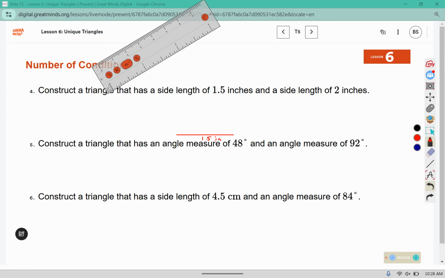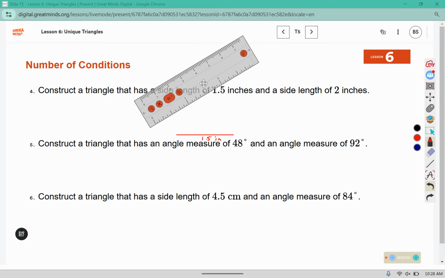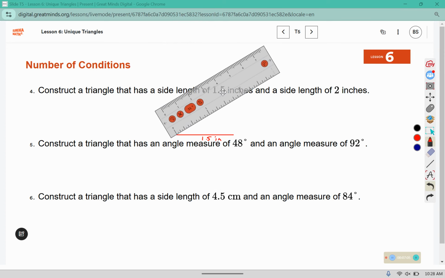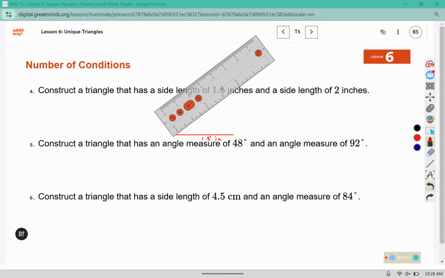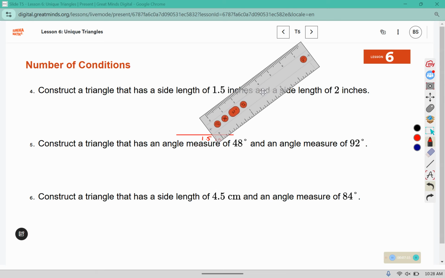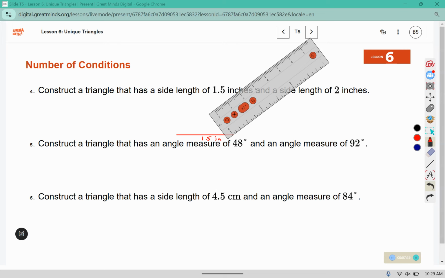And then I also need a side length that is 2 inches. And then I need to connect them.